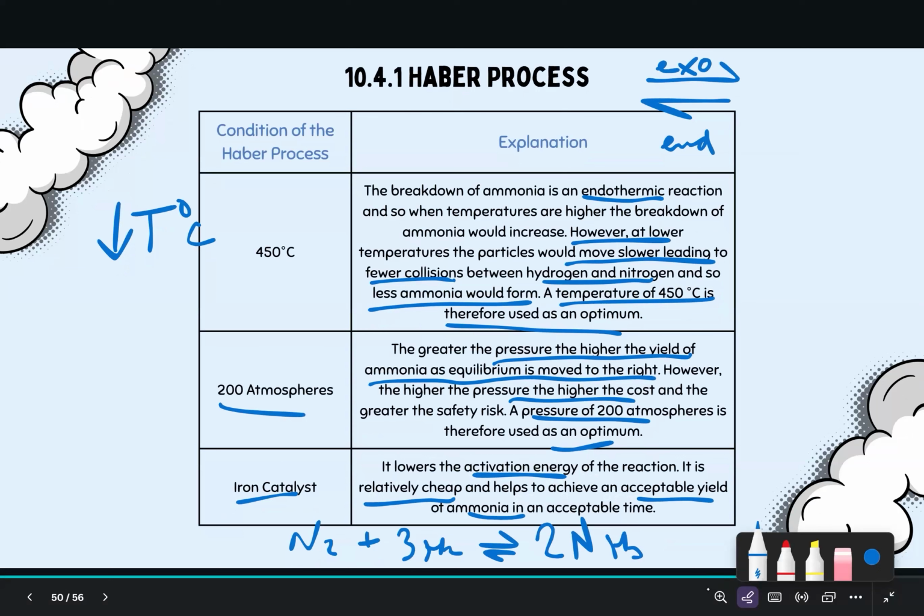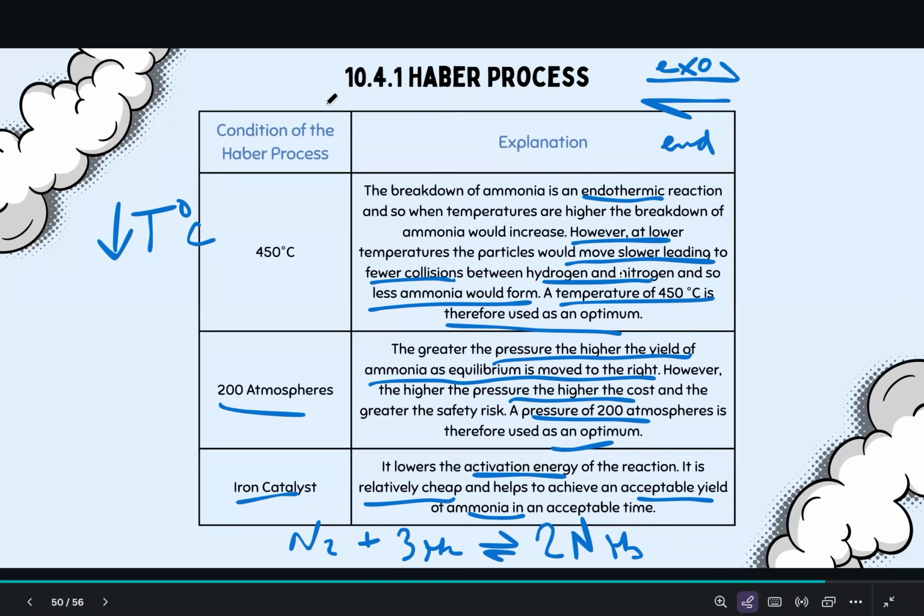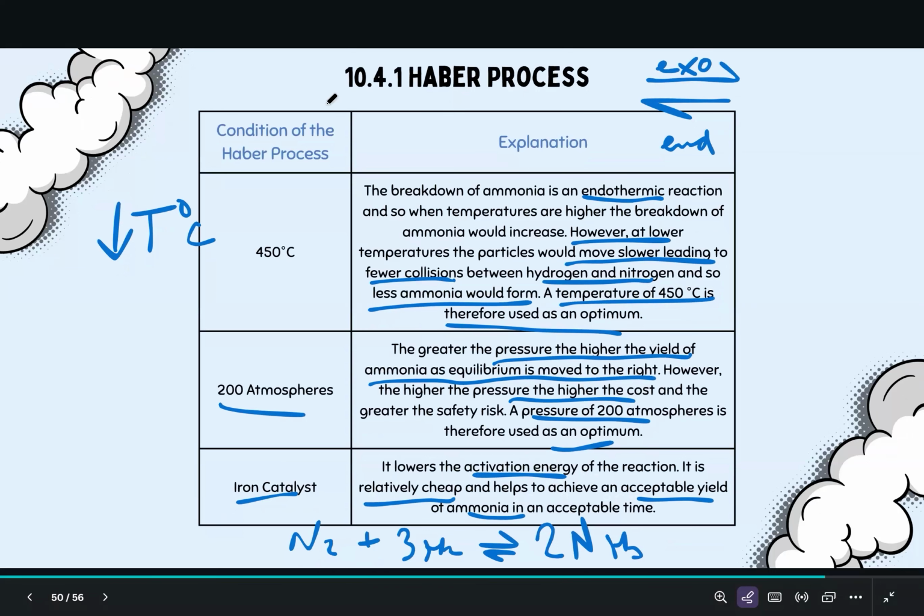So all a catalyst does is help reach the dynamic equilibrium faster. It speeds up the reaction for a relatively cheap amount of money without becoming part of the reaction. This slide is really important to memorize.